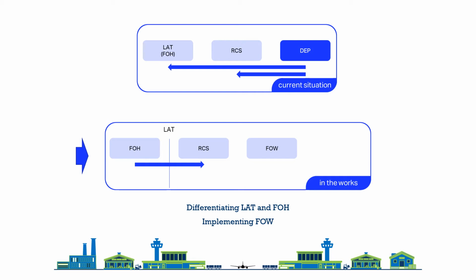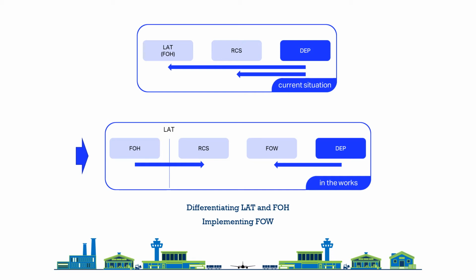Next, we would like to implement the freight out of warehouse control planning logic. FOW is the event where the warehouse handler tenders the shipment to the ramp handler at origin or in the transit airport.